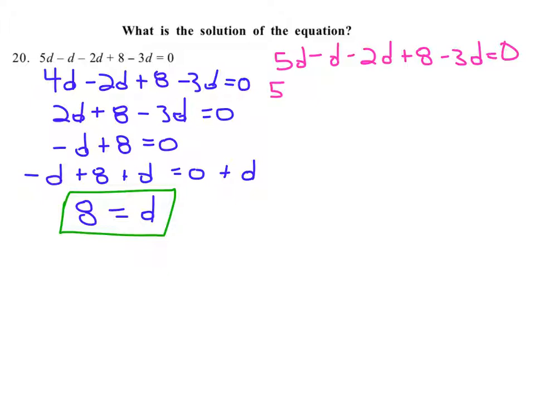And now I'm going to substitute in. I'm going to say 5 parentheses 8 minus parentheses 8 minus 2 parentheses 8 plus 8 minus 3 parentheses 8 equals 0.